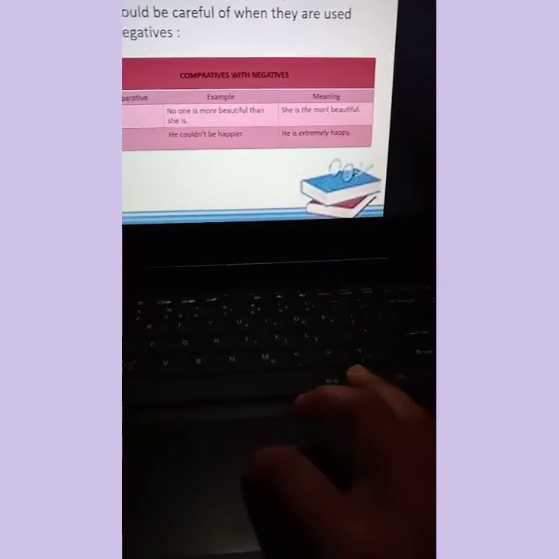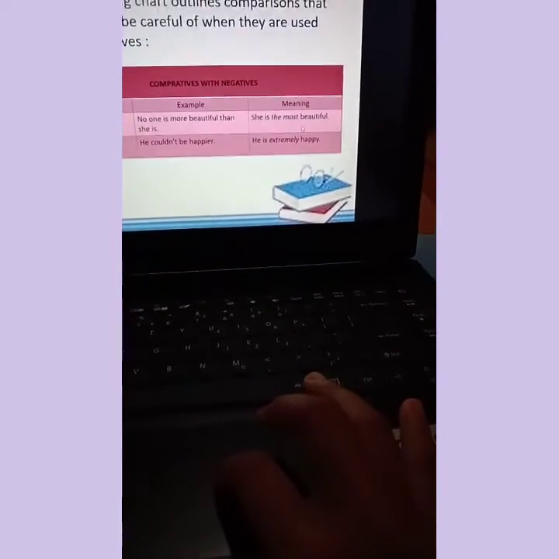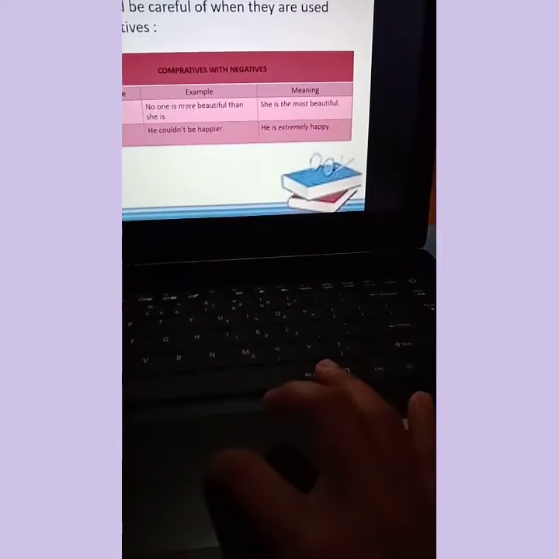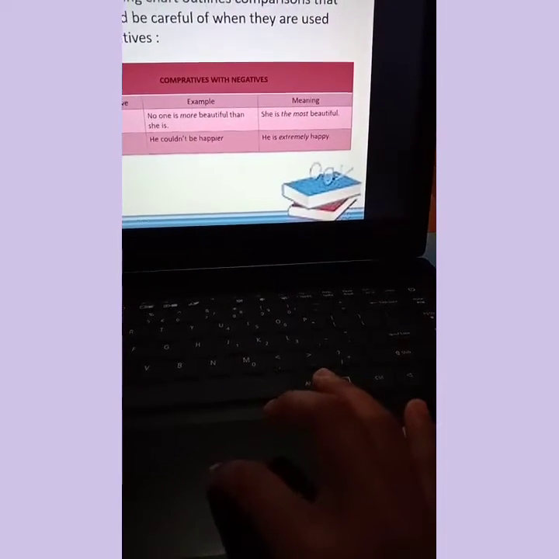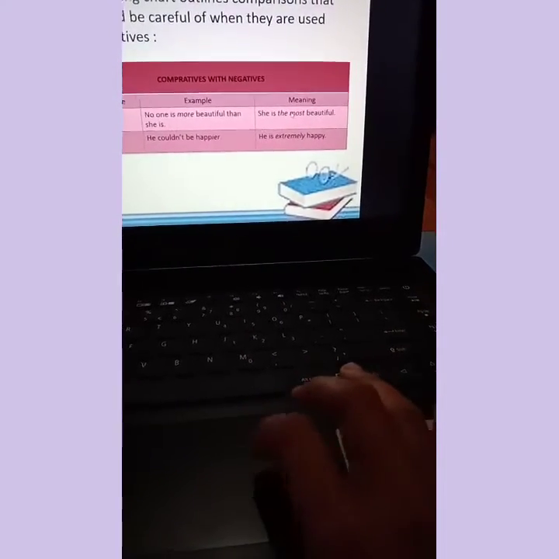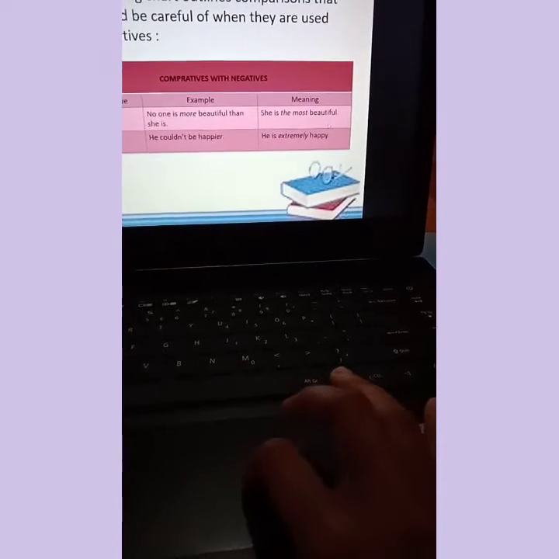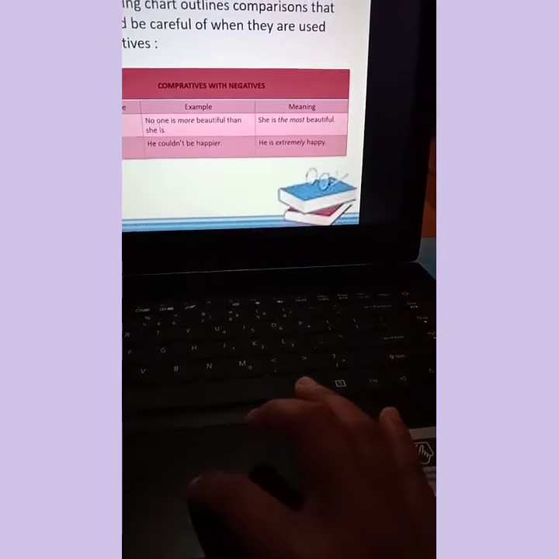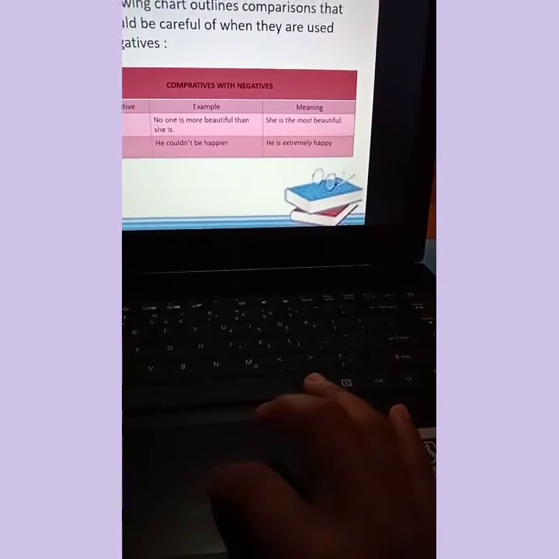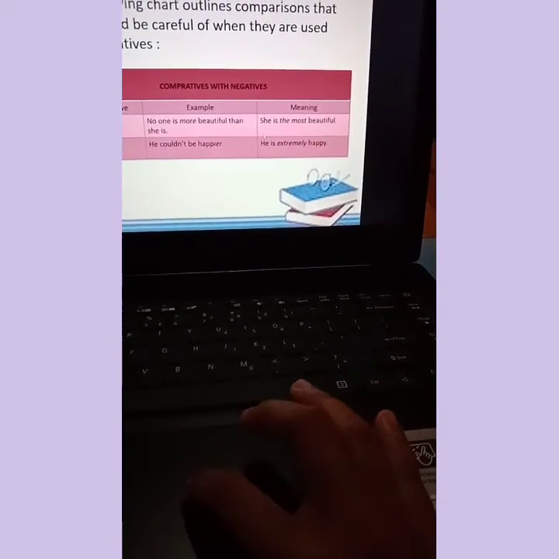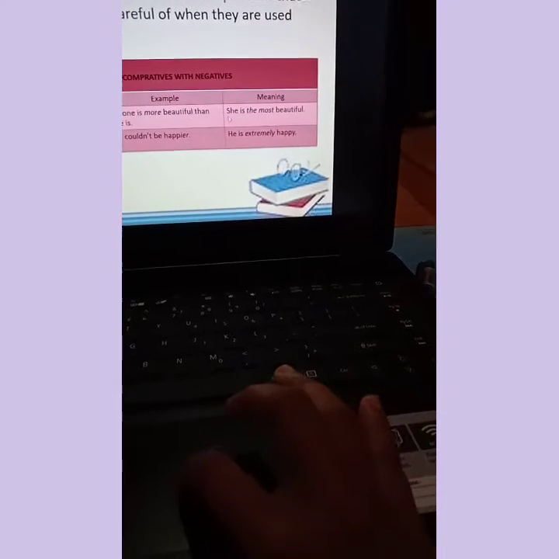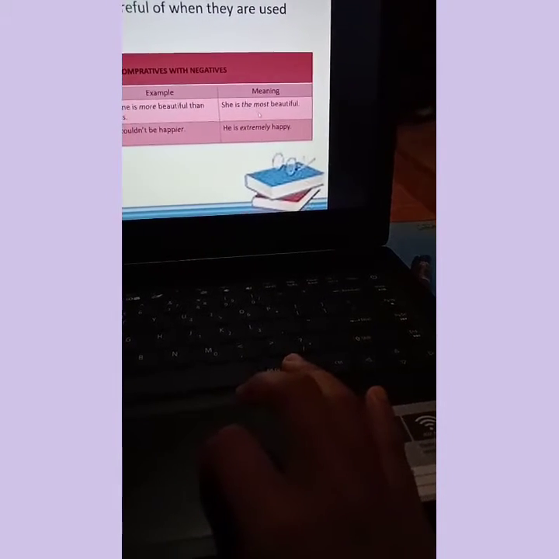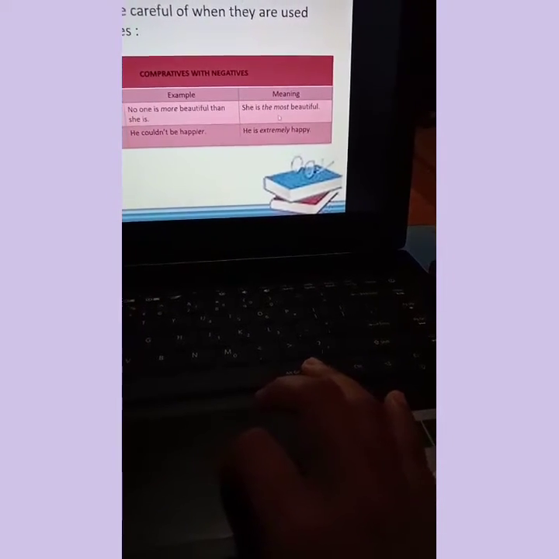So the meaning is she is the most beautiful. Right, from this, no one is more beautiful than Sarah. So she is the most beautiful.